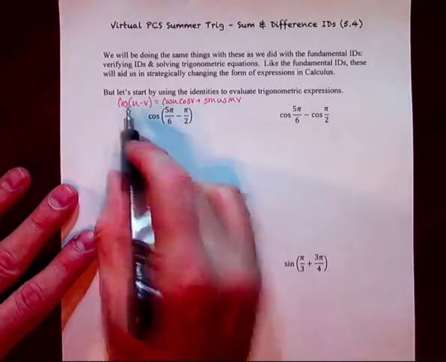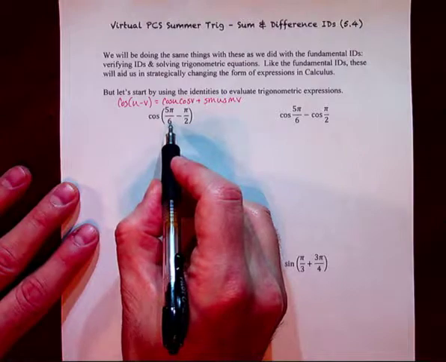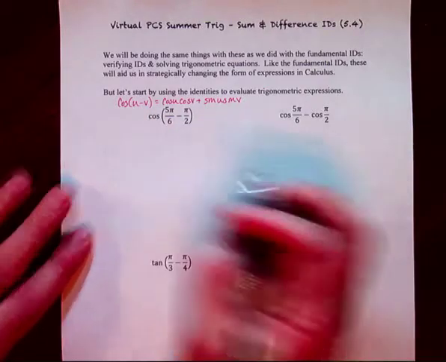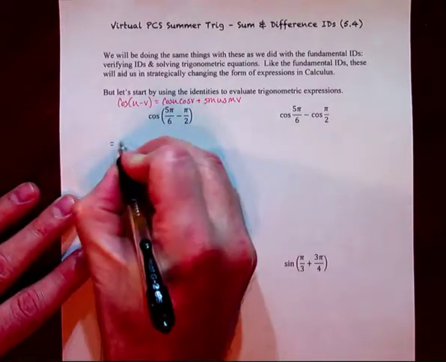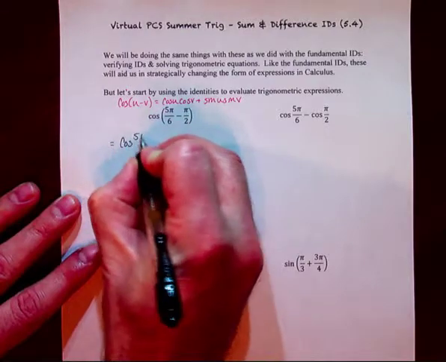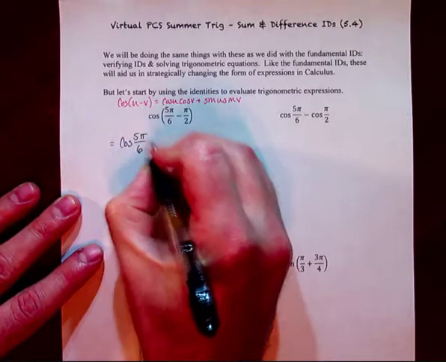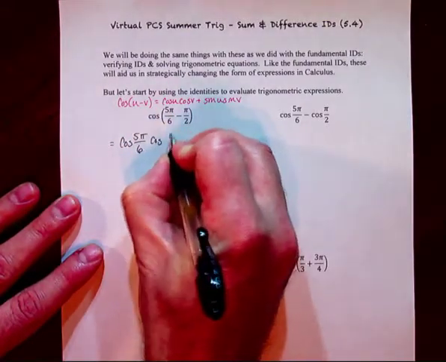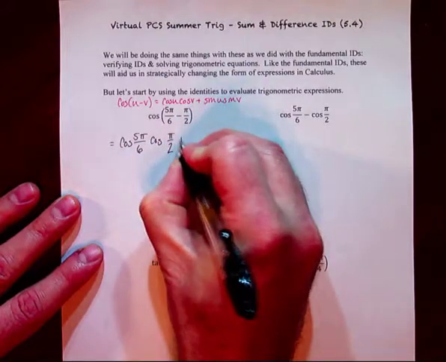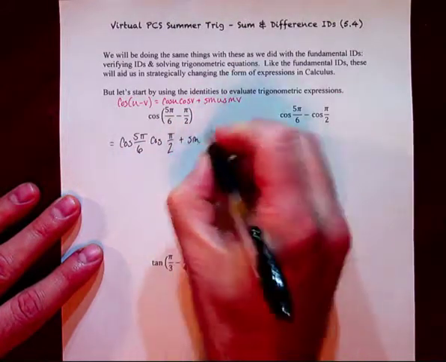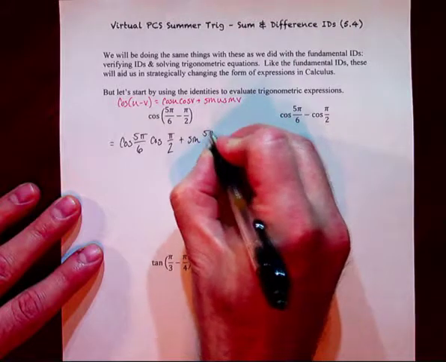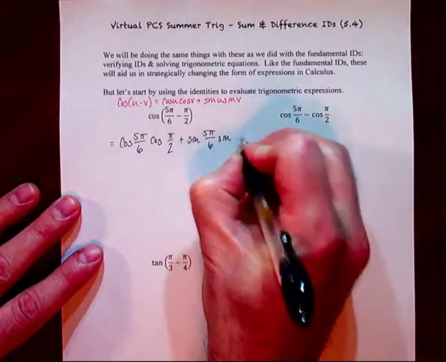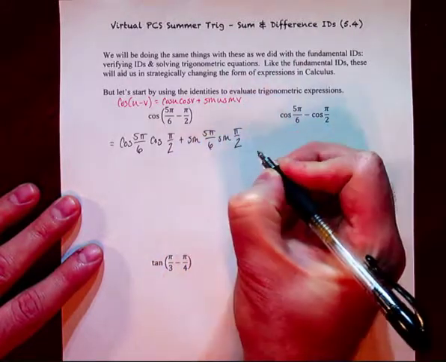Okay, u just happens to be our 5 pi over 6, and v happens to be our pi over 2. So we have cosine of u cosine of v plus sine of u and sine of v.